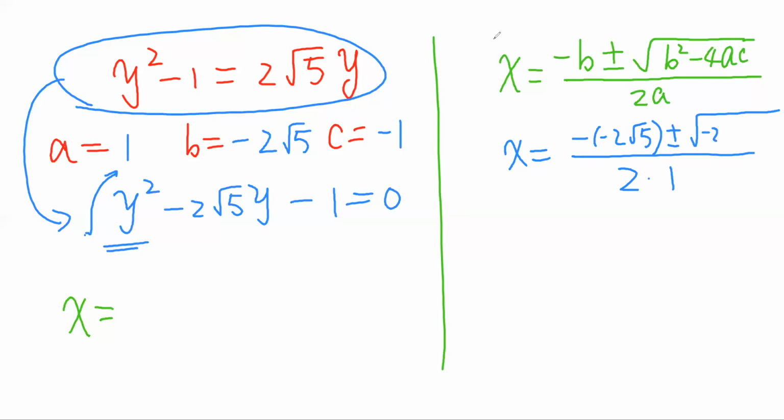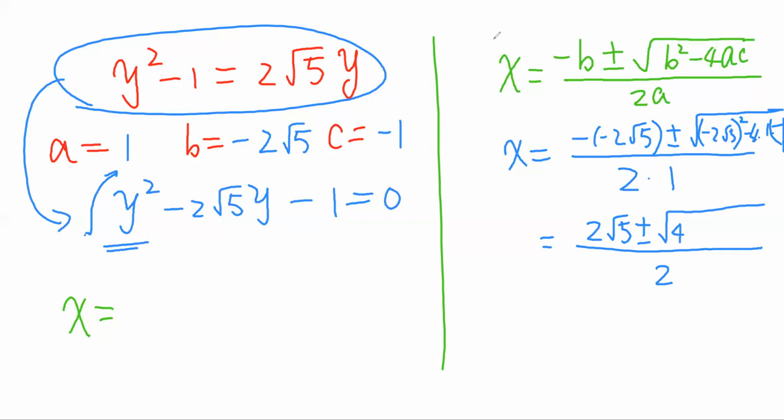All right, this one is a little bit complicated, right? So square root of b squared minus 4, a is, my space is limited here, 1, c is -1. My writing here is not so good because of the space here. All right, so half, this is positive 2 square root 5 plus minus, what's inside?